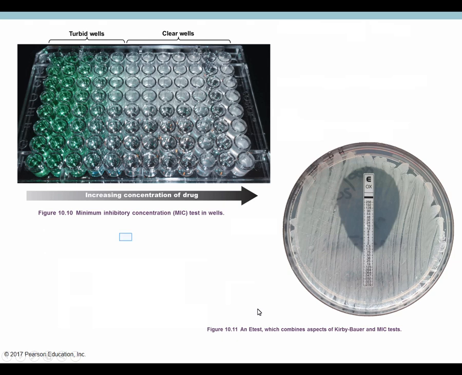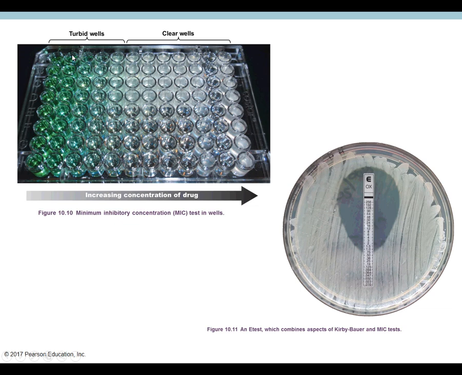Maybe in the next well, just next to it. But at some concentration, you reach a point where the bacteria cannot grow. And that is the point at which the concentration of the antibiotic is enough to kill or at least stop the growth of the bacteria.